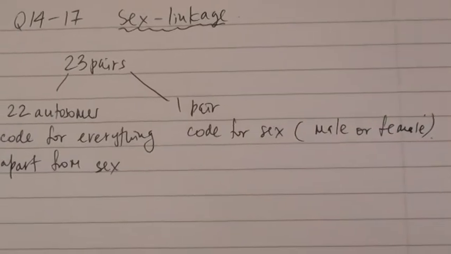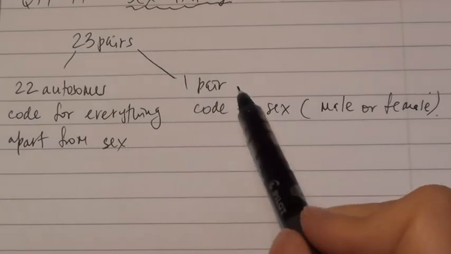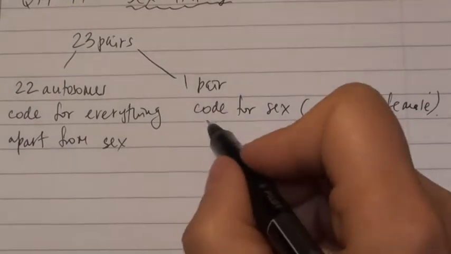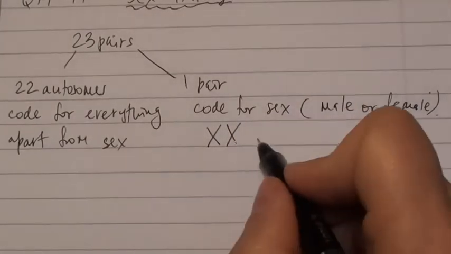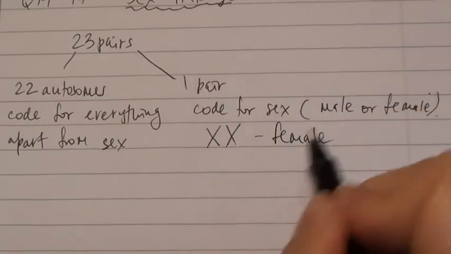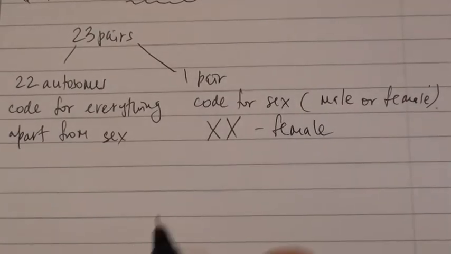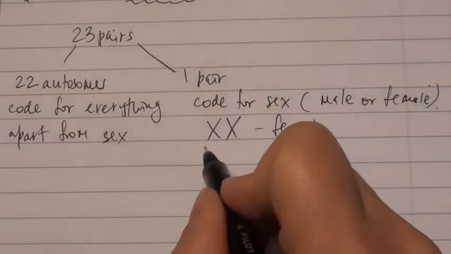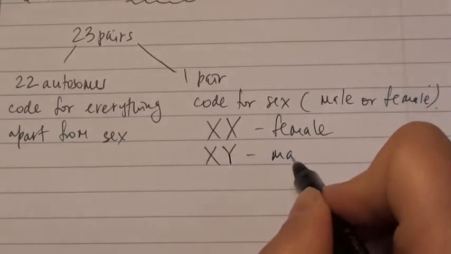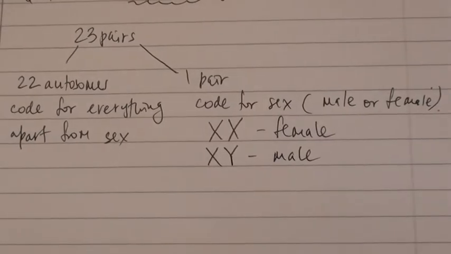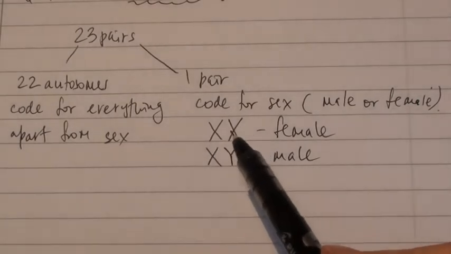And here you've got two options. So if in that pair of sex chromosomes you have two chromosomes known as XX, that means you are female. And if you have two chromosomes which look a little bit different to each other, known as X and Y, they code for being a male. So basically if you have two chromosomes which are the same in that pair, then you're female. If the two chromosomes are different, then you are a male. So why are they known as XX and XY?